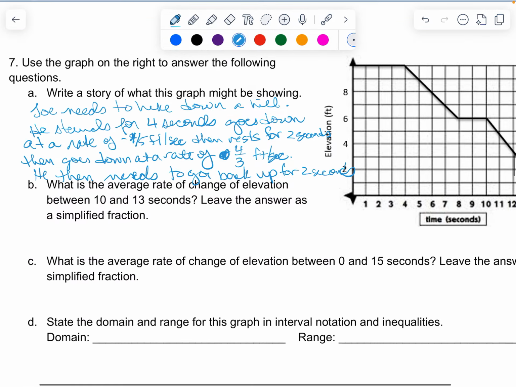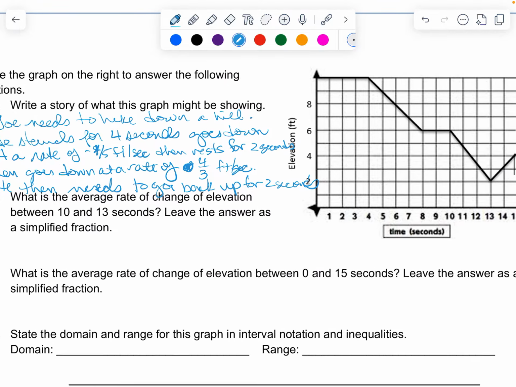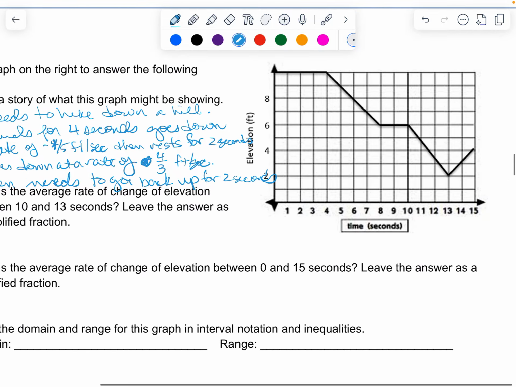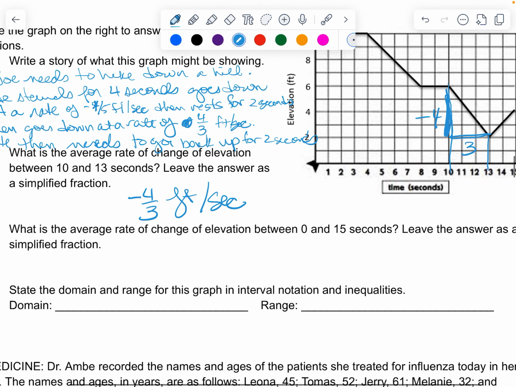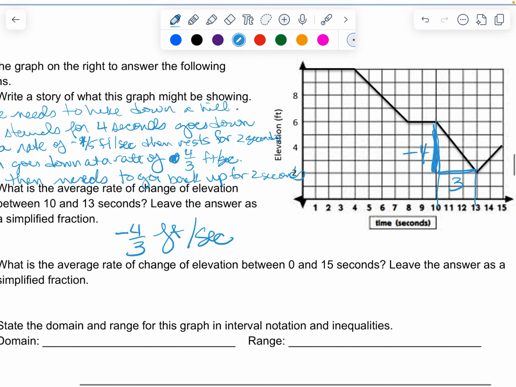Okay, what is the average rate of change in elevation from 10 to 13? From 10 to 13, oh, I just found that a second ago. If I draw this, 1, 2, 3, 4, so negative 4, and it went over 3, so negative 4/3 feet per second. What is the average rate of change from 0 to 15?